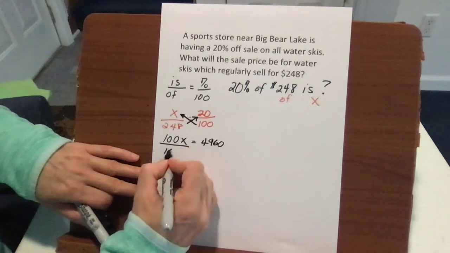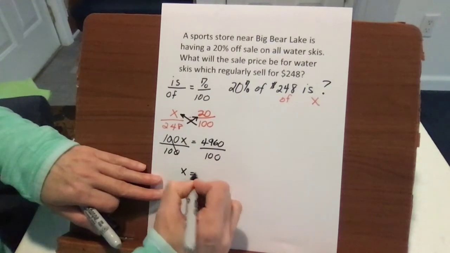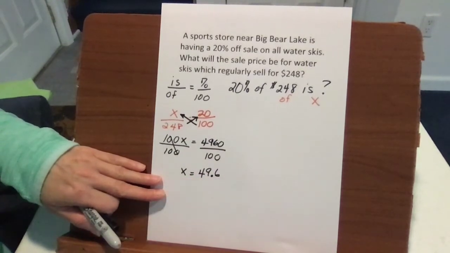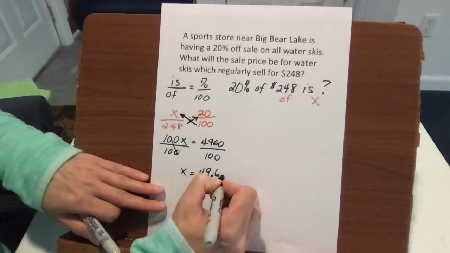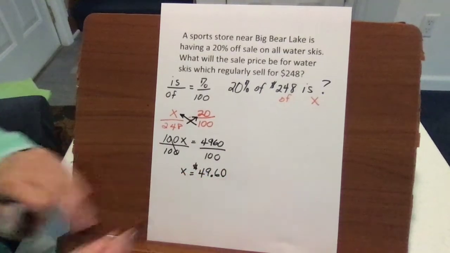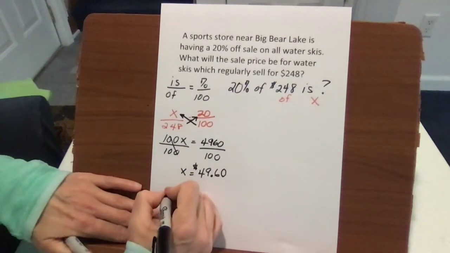When we divide by 100 to find out how much this amount is, we're going to get $49.60. Now your calculator is going to stop there and put 0.6. We have to be smart enough to realize this is money, and we put a 0 to fill in any trailing. Okay, so this is the discount amount.